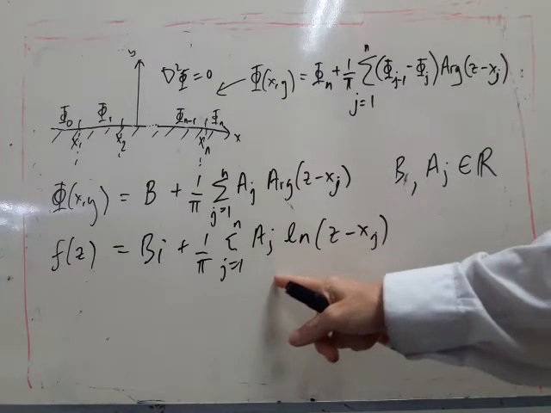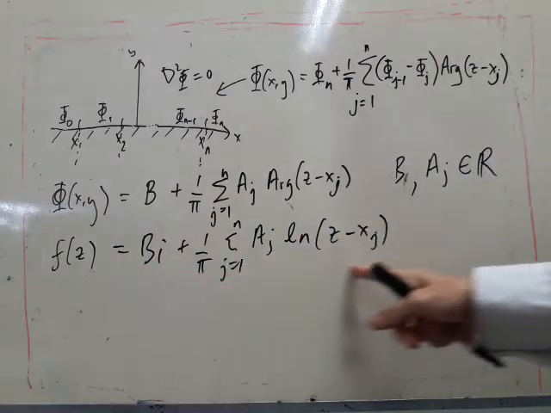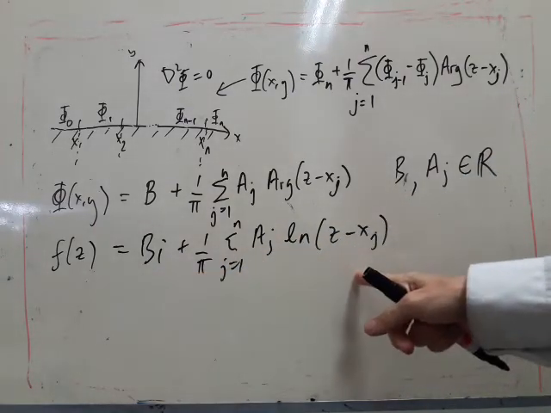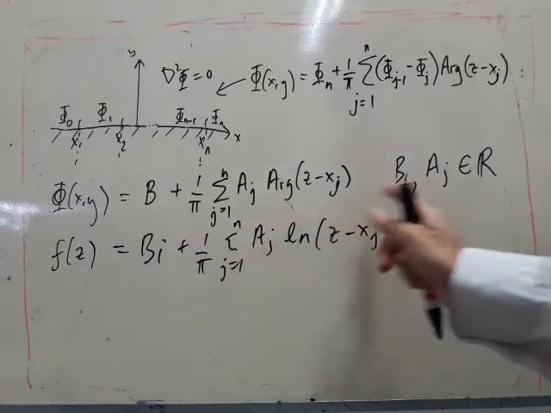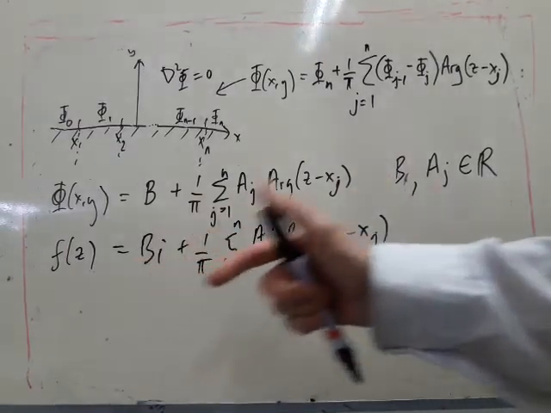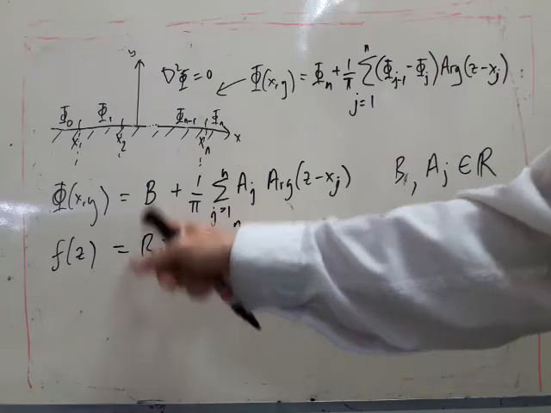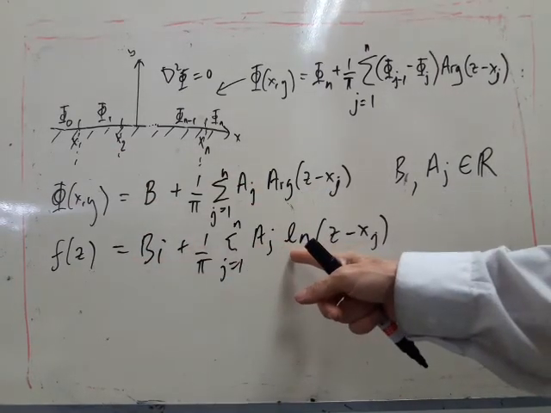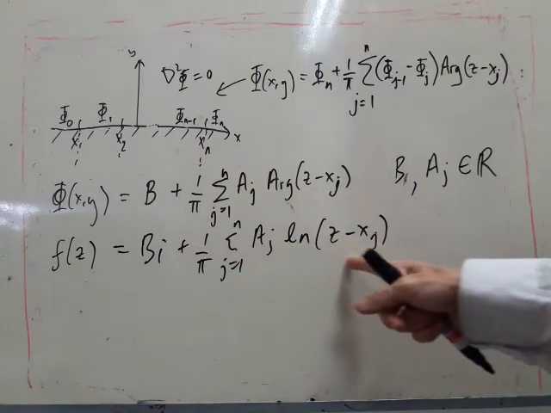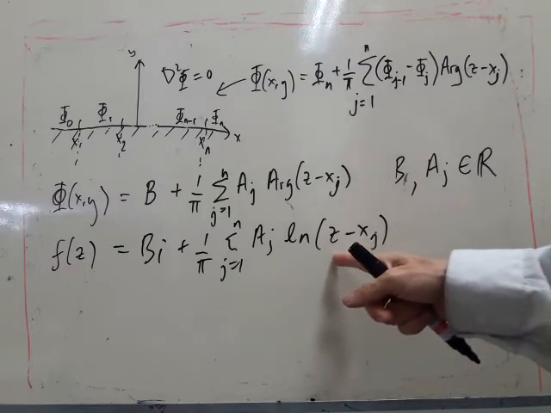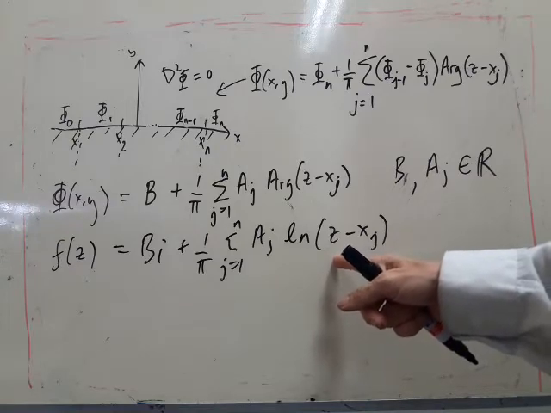Well, if I consider the imaginary part of this, then what do I get? The a's and b are real. So the imaginary part of this will give me b, and the imaginary part of log, remember log of something is the modulus plus i times the argument.